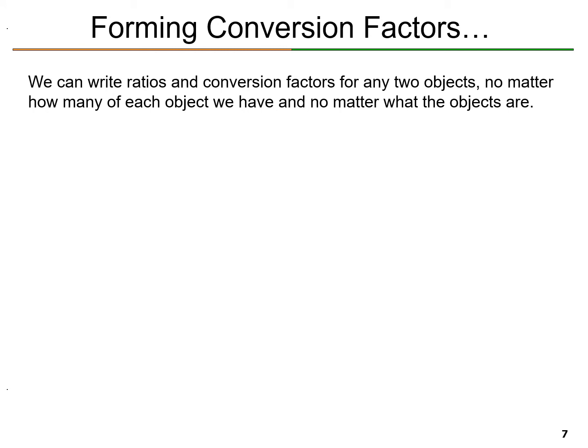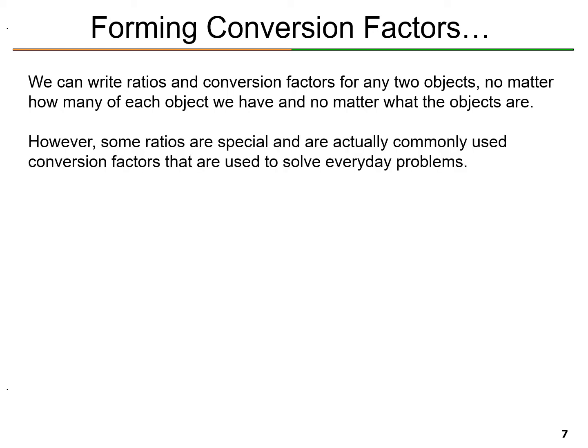Now we can write ratios and conversion factors for any two objects. It doesn't matter how many of each object we have, and it doesn't matter what the objects are. However, some ratios are special and are actually commonly used conversion factors that are used to solve everyday problems.